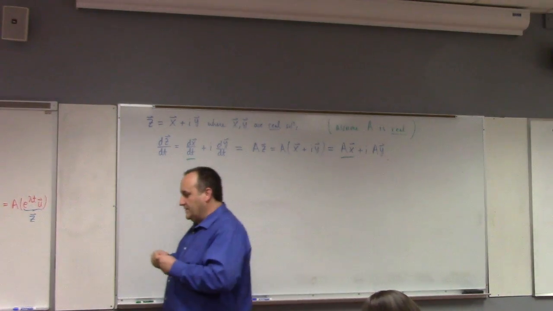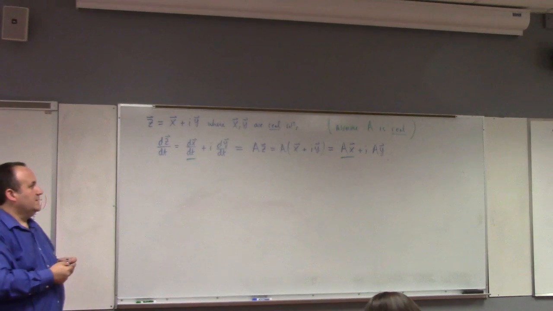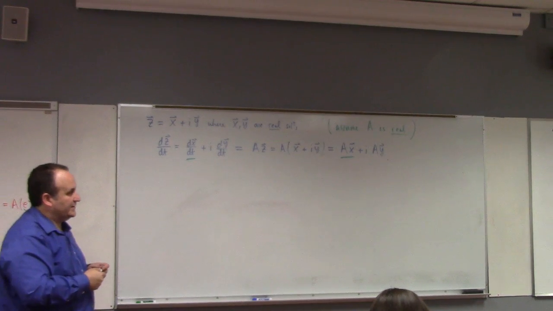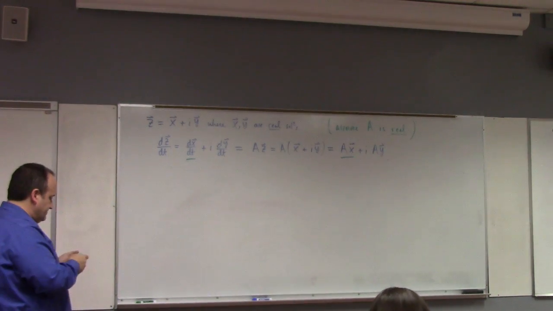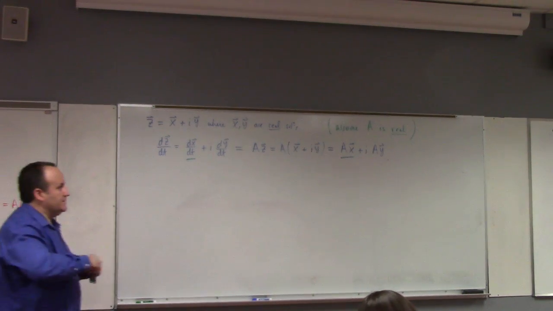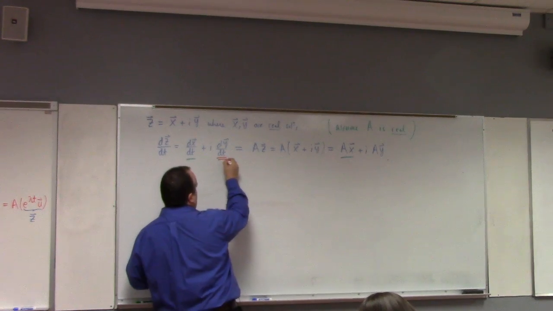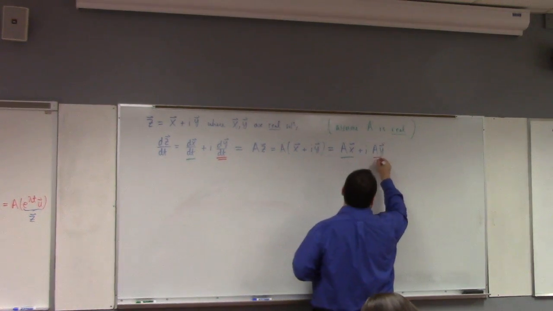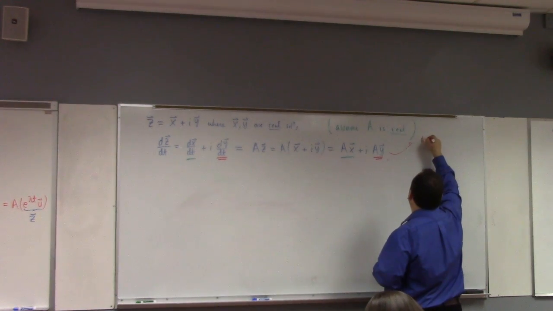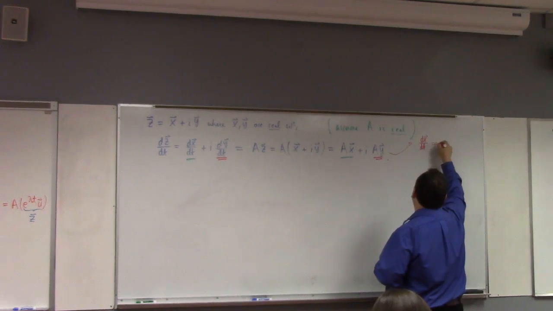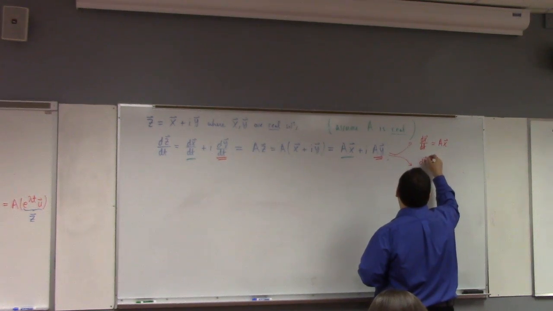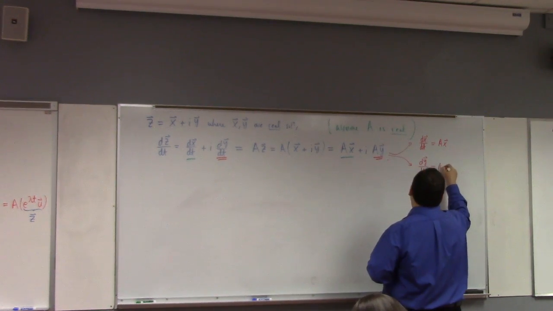So the imaginary part is made explicit with that i, where i is the square root of minus 1. The real part has to be equal to the real part, and the imaginary part has to equal the imaginary part. So this piece right here must match that piece right here. We have dx dt equals Ax, and we also have dy dt equals Ay.